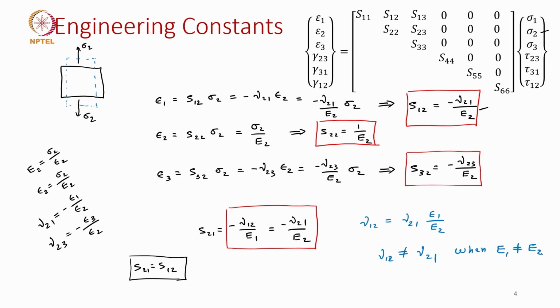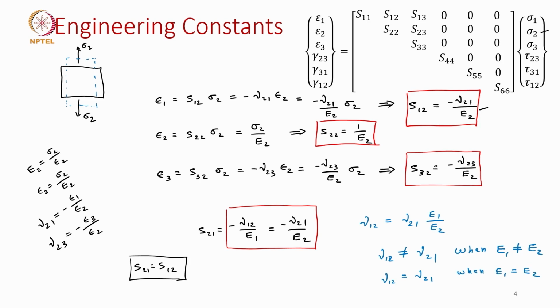There is a special case, when both E1 and E2 are the same, that is the only time when the Poisson ratio nu 12 will be the same as nu 21, but this is only possible when E1 equals E2.